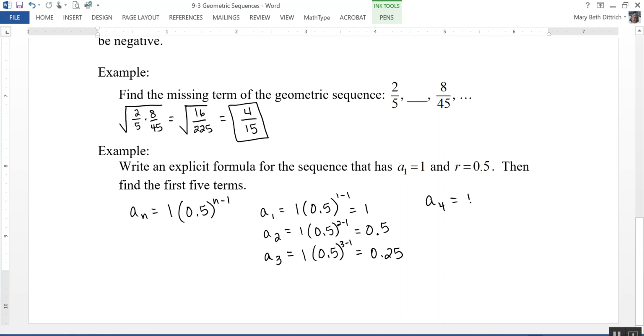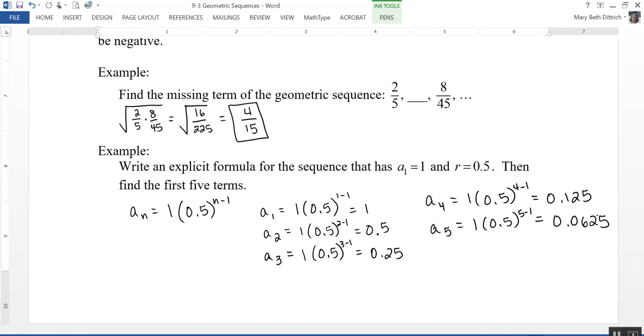A sub 4, 1 times 0.5 to the 4 minus 1, and that ends up being 0.125, and a sub 5, the fifth term of the sequence, is going to be equal to 0.0625.